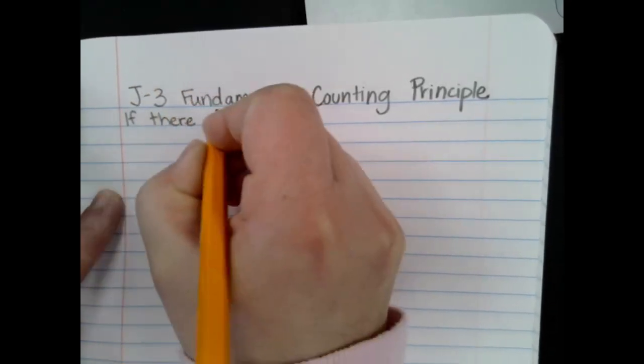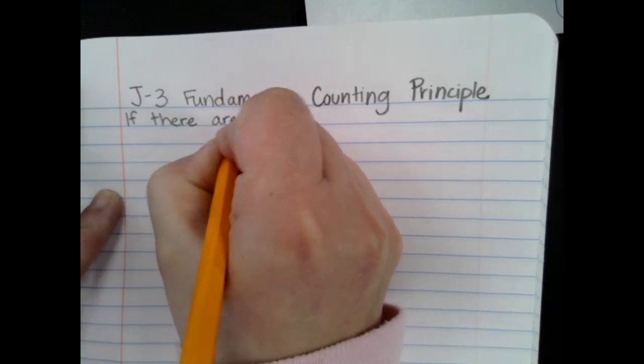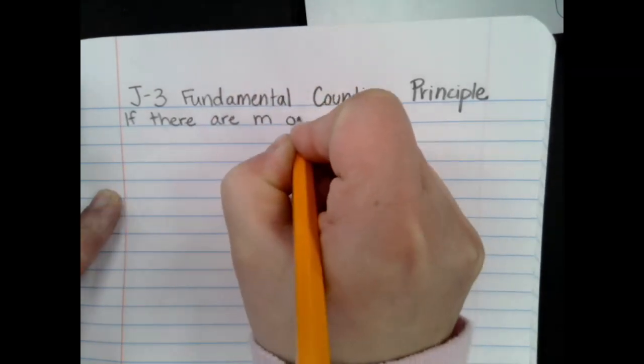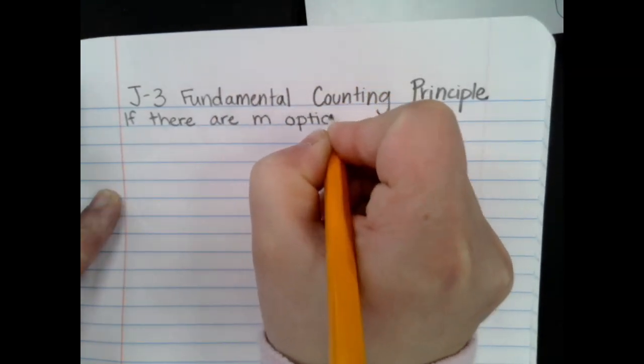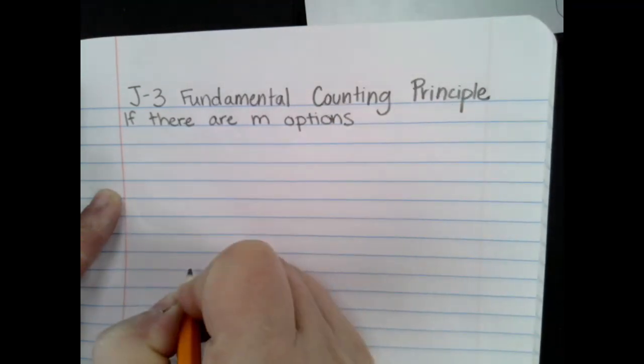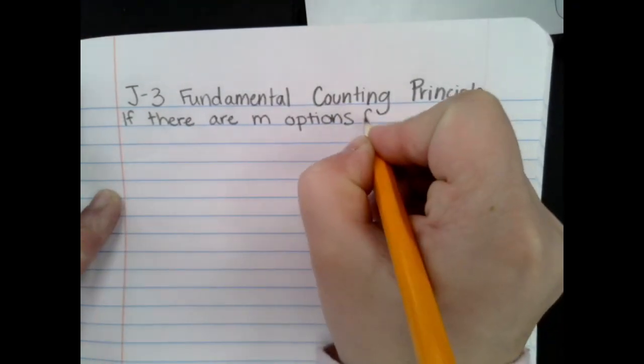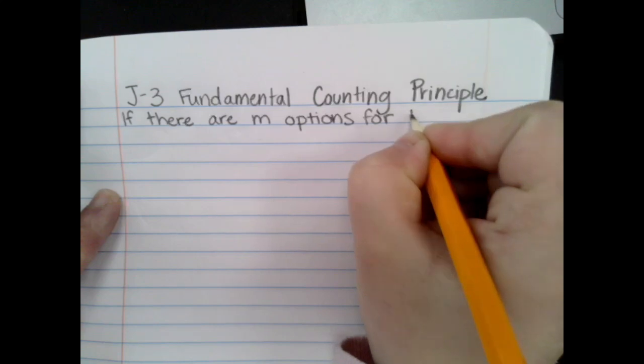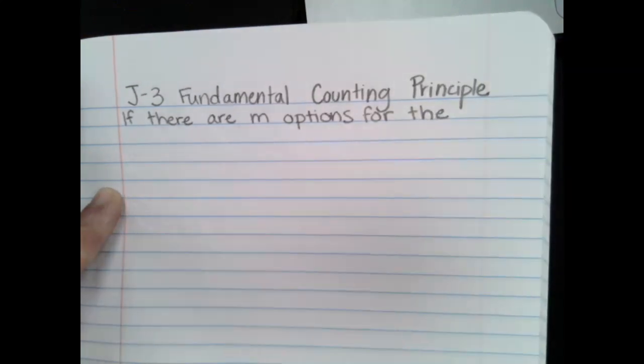There are m options for the first event, and when we say event, it's like a choice or the first thing that we're doing.